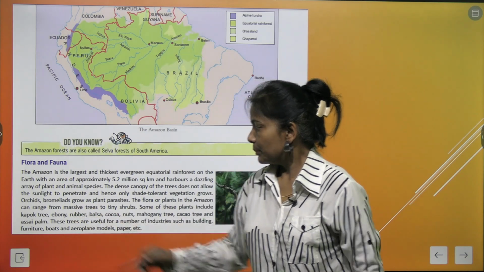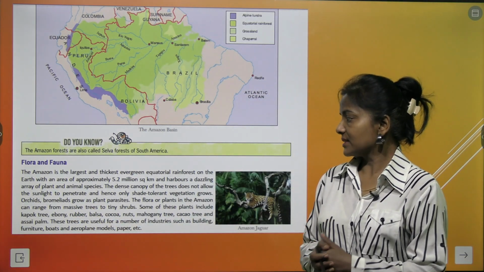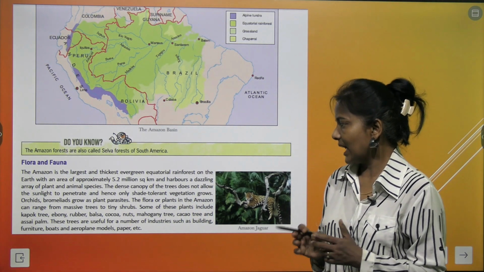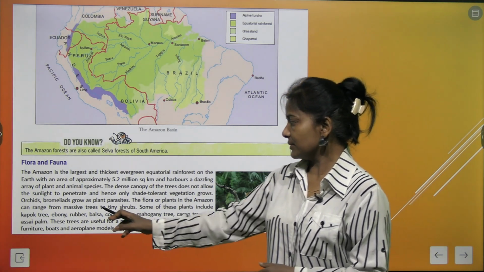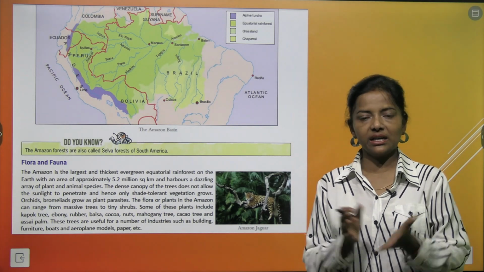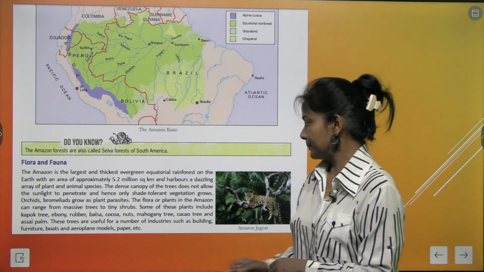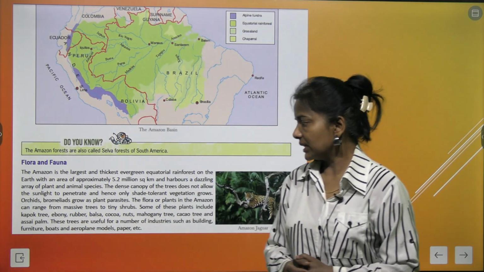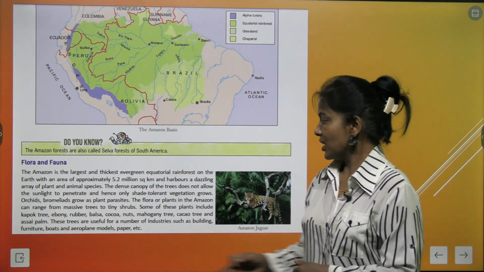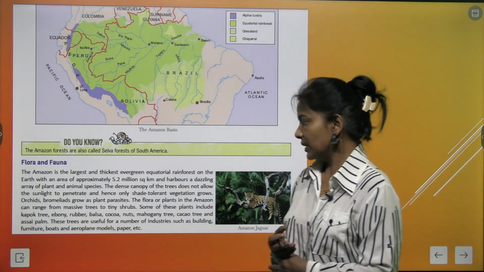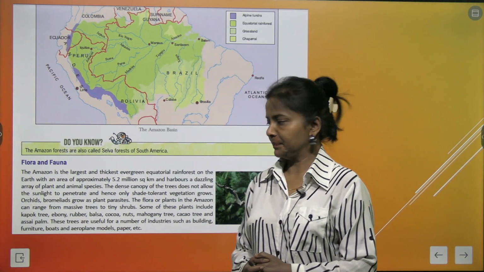Orchids, bromeliads grow as plant parasites. The flora or plants in the Amazon can range from massive trees to tiny shrubs. हाँ, massive बड़े-बड़े trees भी हैं और छोटे-छोटे shrubs. Some of these plants include kapok tree, ebony, rubber, balsa, cocoa nuts, mahogany tree, cacao tree, and acai palm.